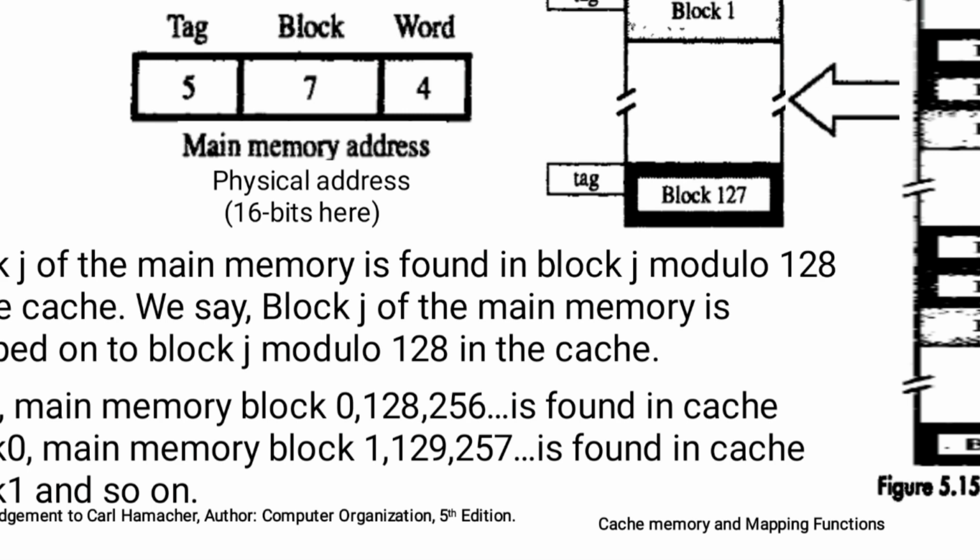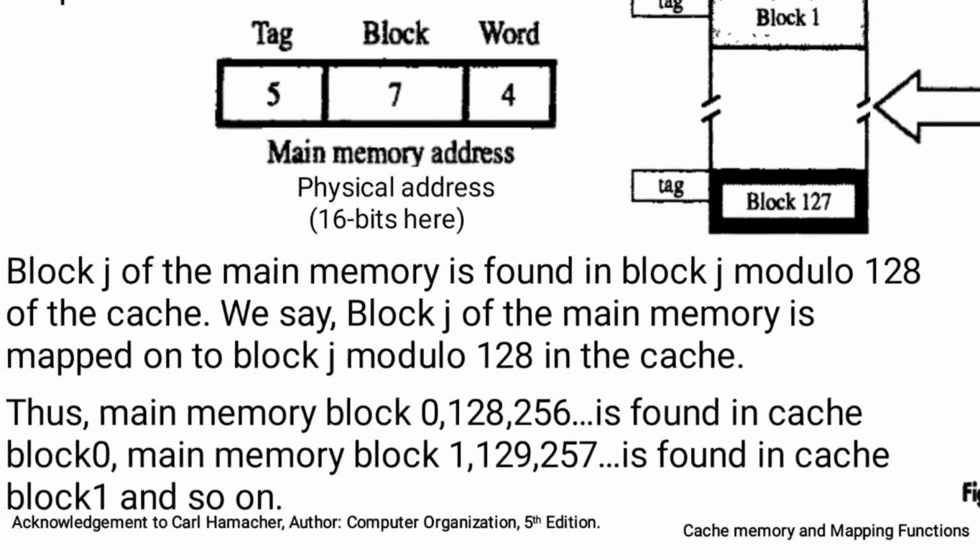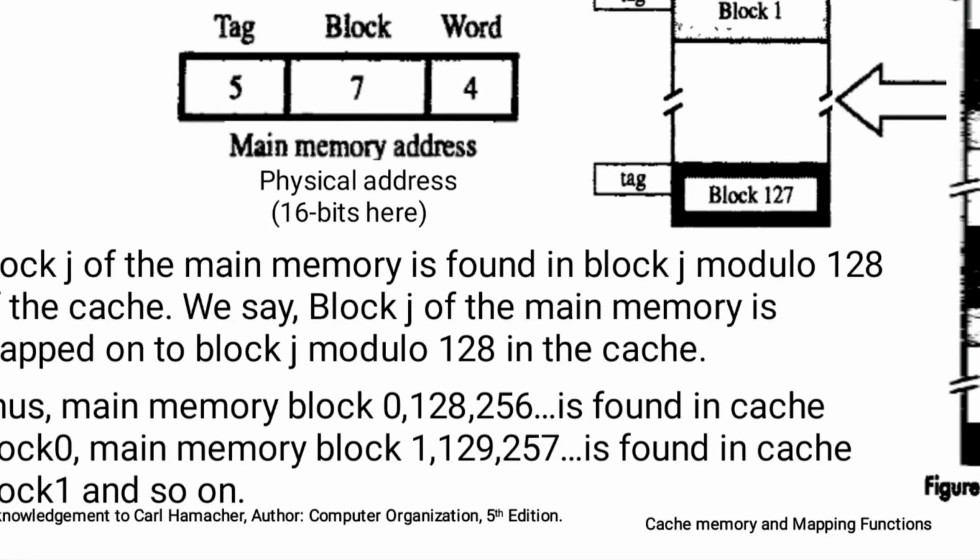What we are trying to express is, suppose block 128 of main memory is copied, where should it be copied? The cache size is also 128, so we take 128 modulo cache size 128, and for 256 also modulo 128. The result comes out to be 0, hence all are mapped to block 0 in cache.